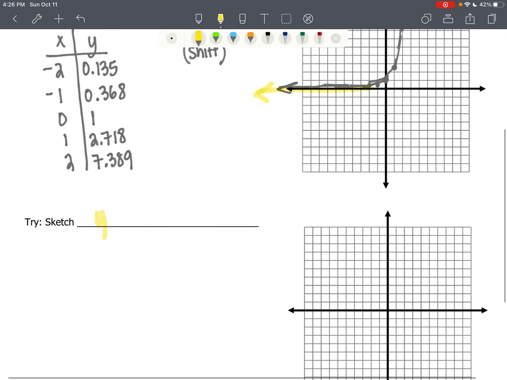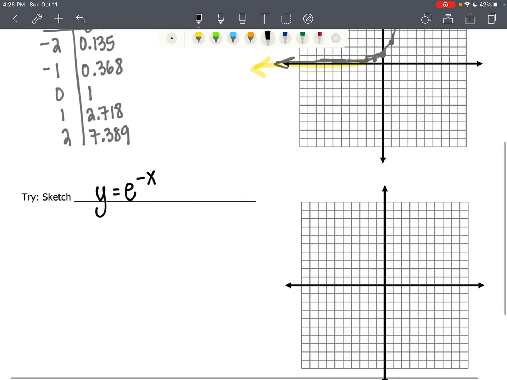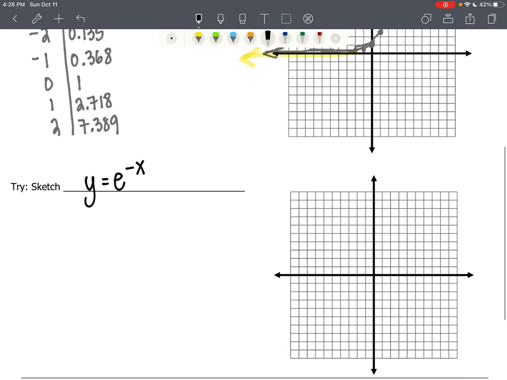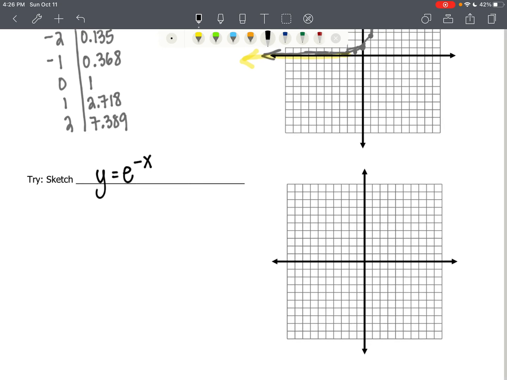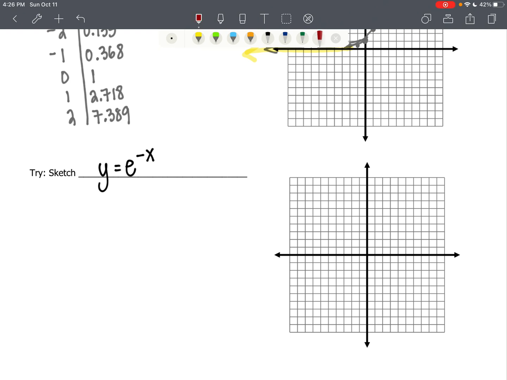Now you try with a reflection, y equals e to the negative x. See if you can graph this function with a reflection over the y-axis. And if you're back, you put in a -2 and got out between 7 and 8.